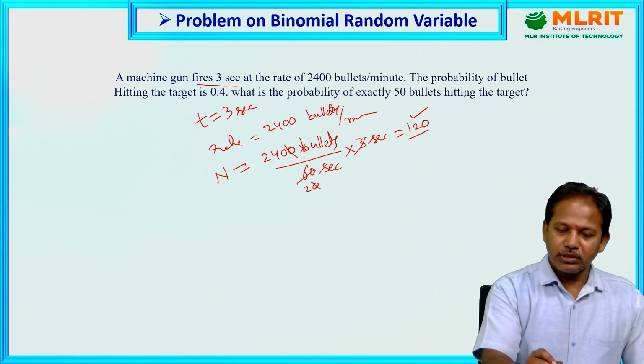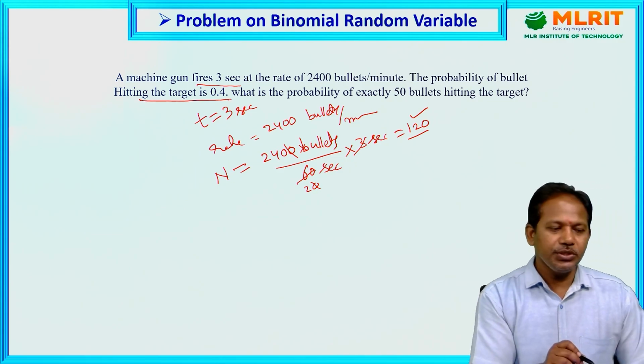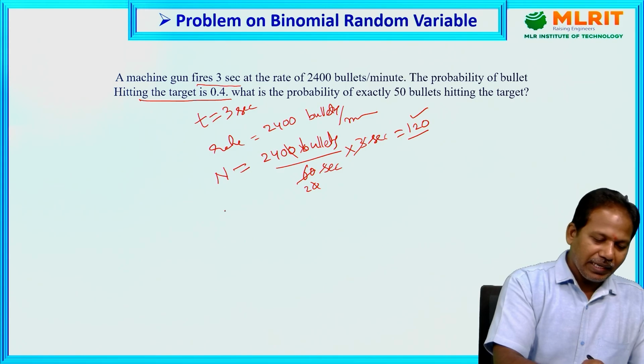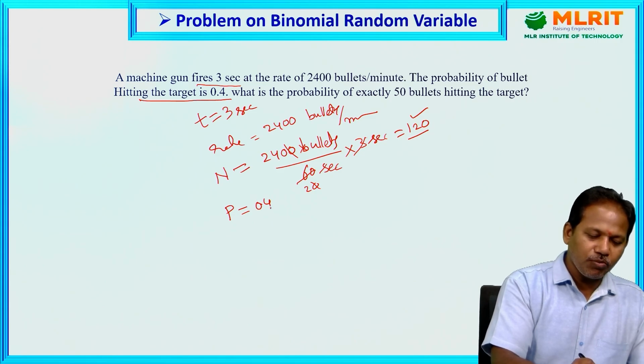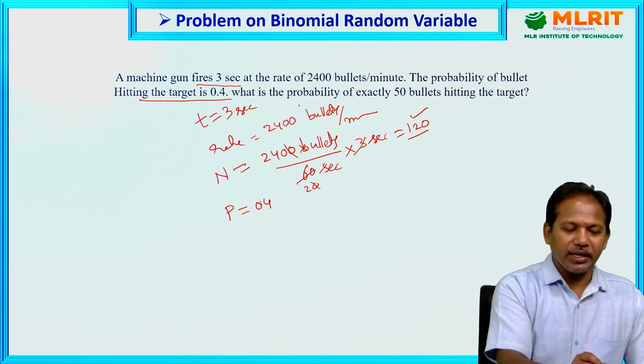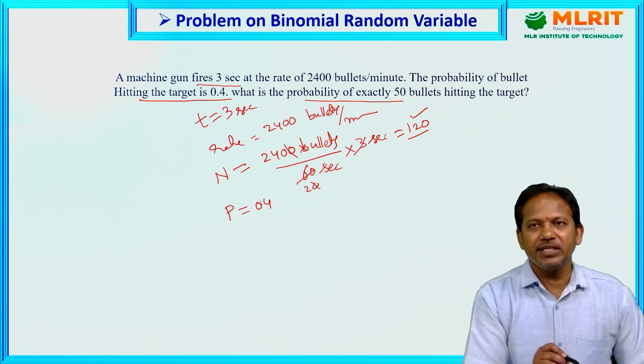Now, the probability of a bullet hitting the target is 0.4. Hitting the target is event A, the successful event, that is P is equal to 0.4.